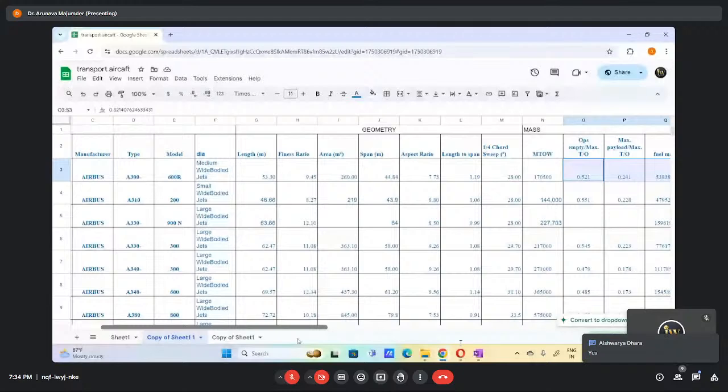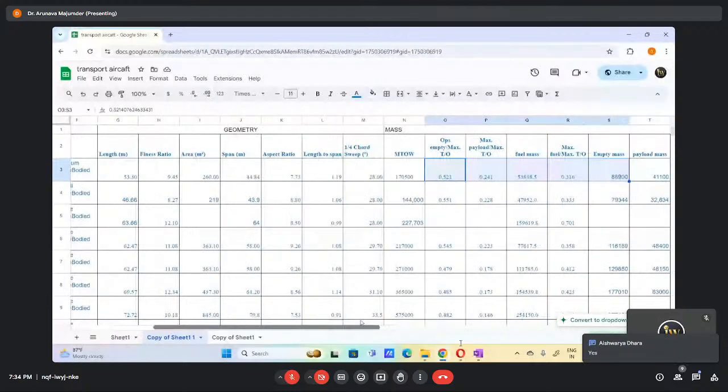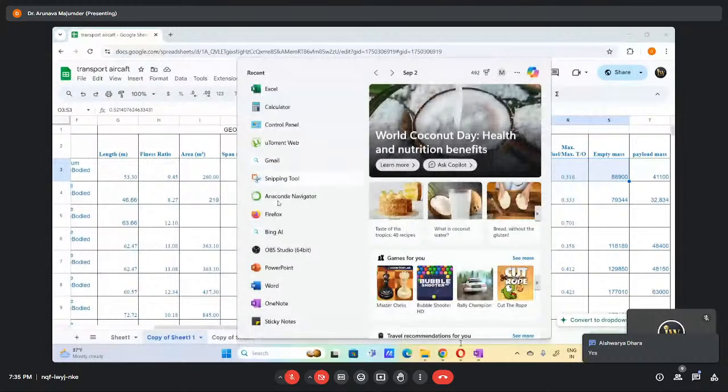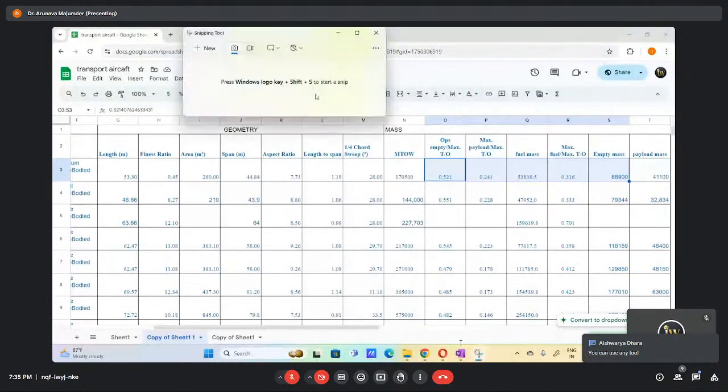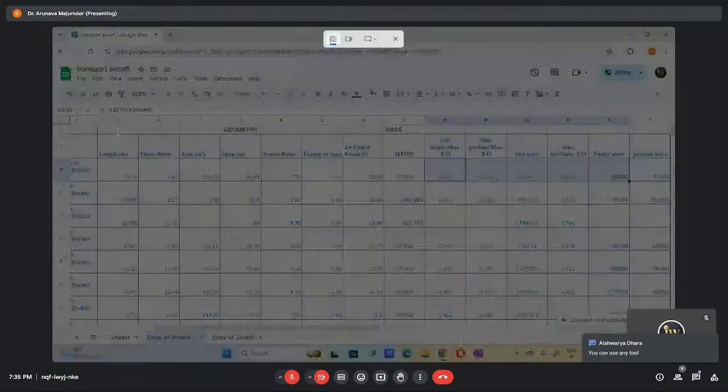I'm considering from the length only. I'm not considering the entire data set.